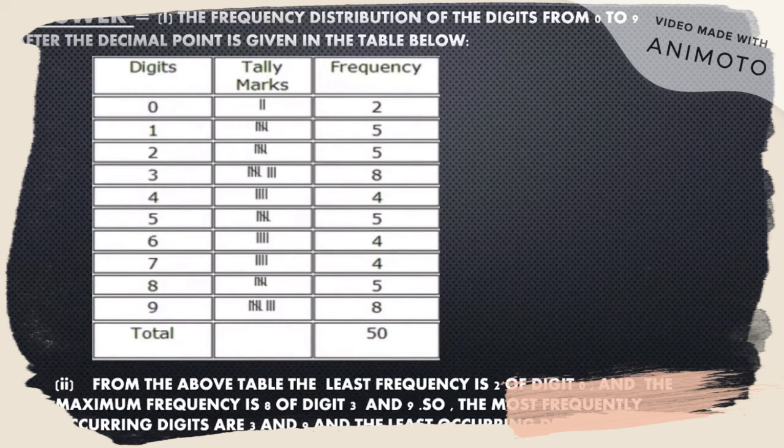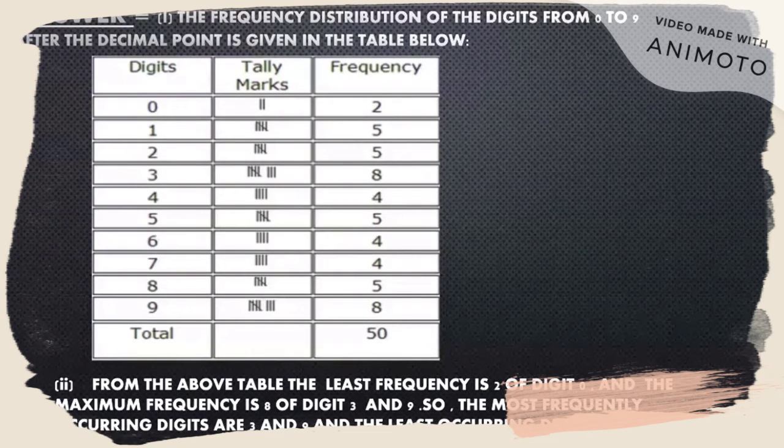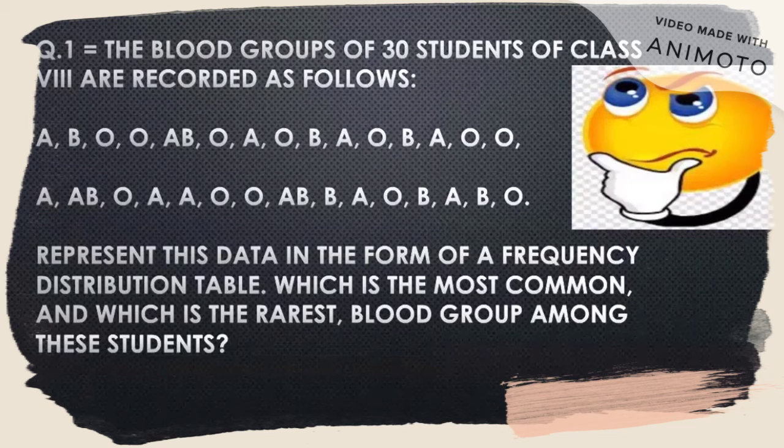If we observe the table, we can see that 3 and 9 have occurred 8 times, which is the highest frequency in the table. So these digits are the most frequently occurring digits. Now Samir will continue with the next question.